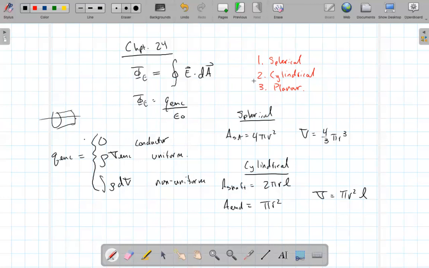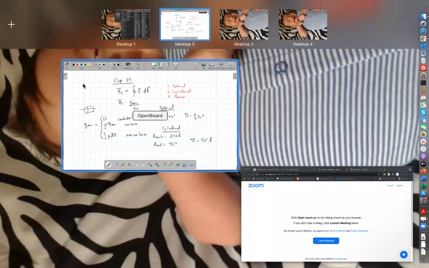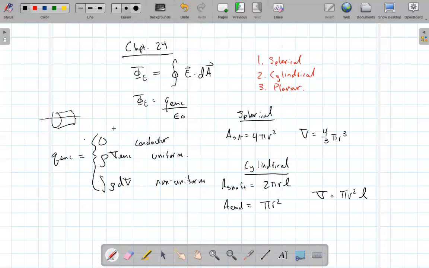Okay, so that's it. So it's basically Gauss's law. Again, as long as I choose the correct symmetry, the left-hand side is just going to become E times A, where A is just the surface area, again as long as I have the correctly chosen Gaussian surface.